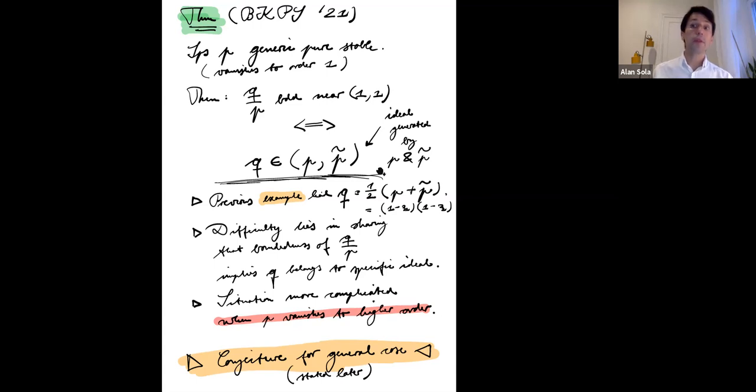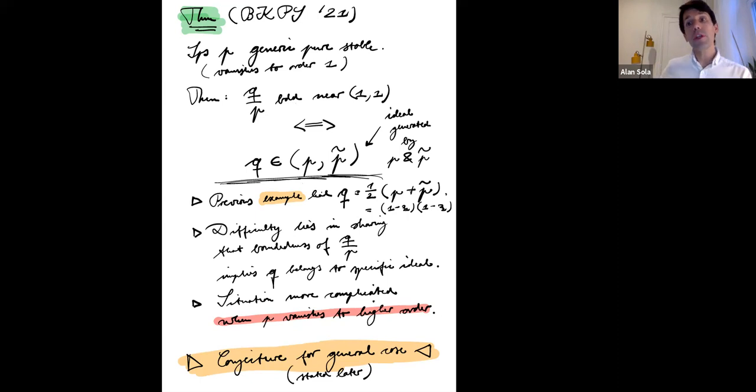So by the previous discussion, if Q belongs to this ideal generated by P and P tilde, then we are going to get a bounded rational function by picking that as our numerator. So the difficulty in this theorem is in the reverse implication, showing that if Q divided by P is bounded, then it belongs to this ideal.